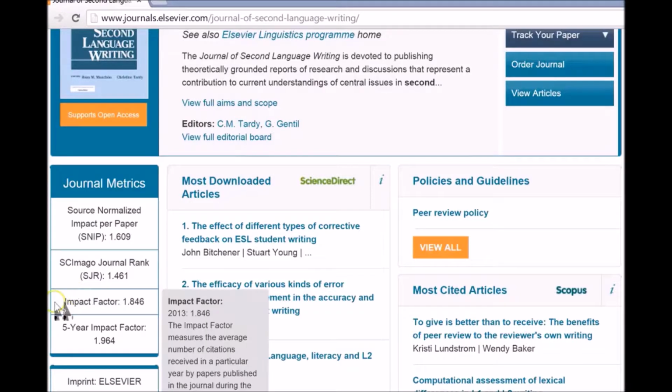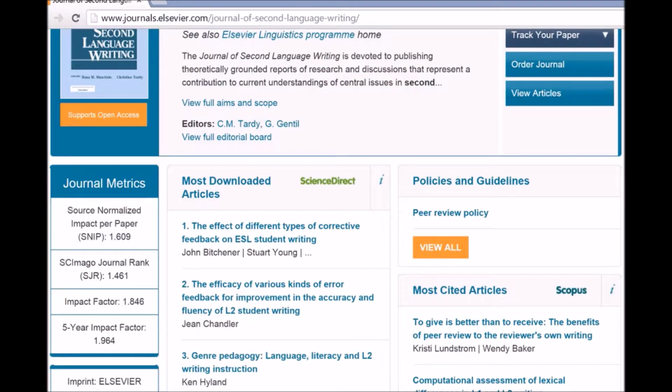So the most important one is the impact factor. And the impact factor, as it says, measures the average number of citations received in a particular year by papers published. And again, this is a number you can compare in your discipline. It doesn't make much sense across disciplines.